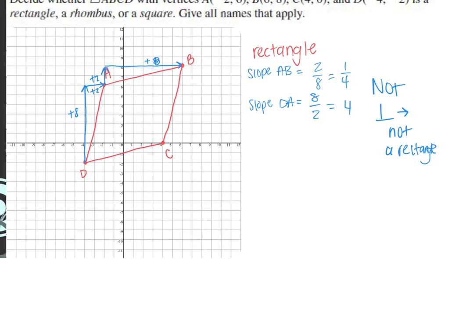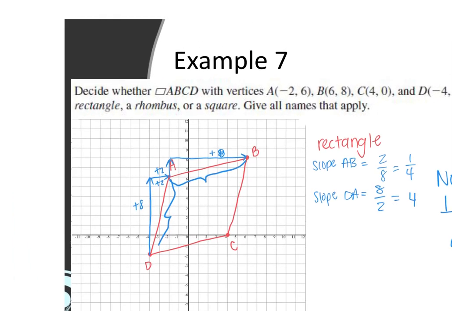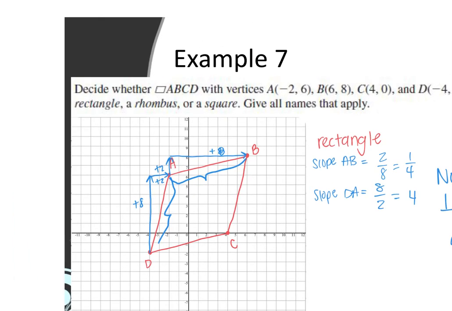So we have to figure out the distance of AB and compare it with the distance of AD. Now, the reason that we're picking two sides that are next to each other is because this is already a parallelogram, and it says so in the instructions. Do you see how it says determine whether the parallelogram ABCD with vertices this?